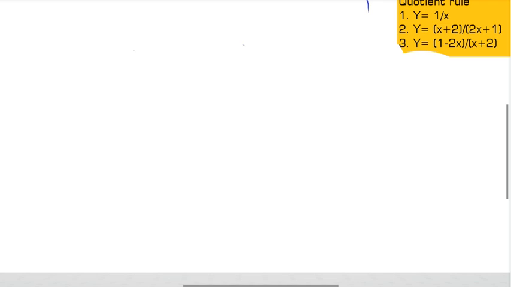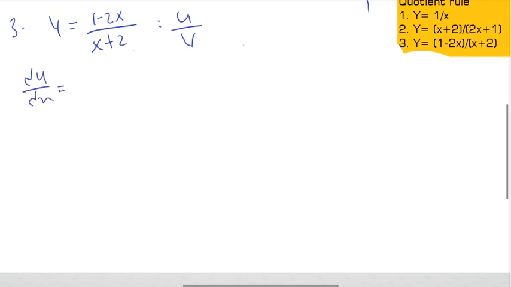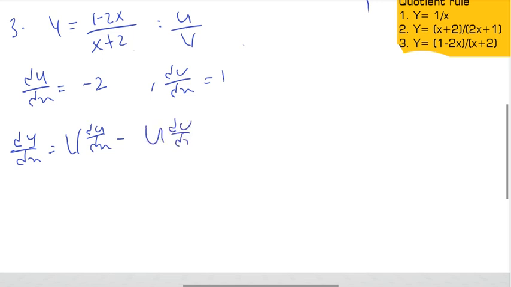Then we have number 3. Number 3, we have y equal to (1 minus 2x) over (x plus 2). So here we have y equals u over v, and then we're going to find du/dx, which will be equal to minus 2, and dv/dx will be equal to 1. So here we're going to solve for dy/dx, which is equal to (v du/dx minus u dv/dx) everything over v squared.